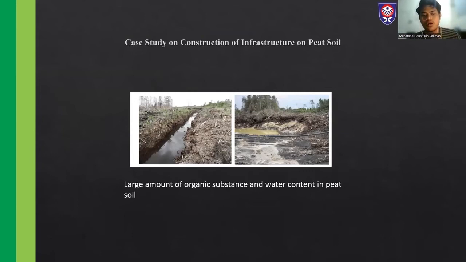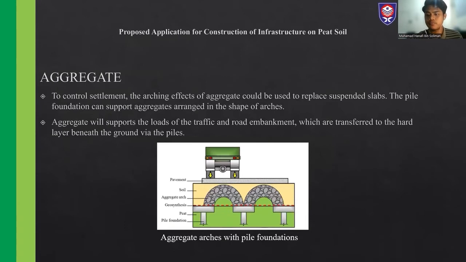So I will explain the solution or application for this problem. The most common problems associated with infrastructure construction: peat settlement, low bearing capacity of peat, poor stability of peat during excavation, and a high groundwater table.